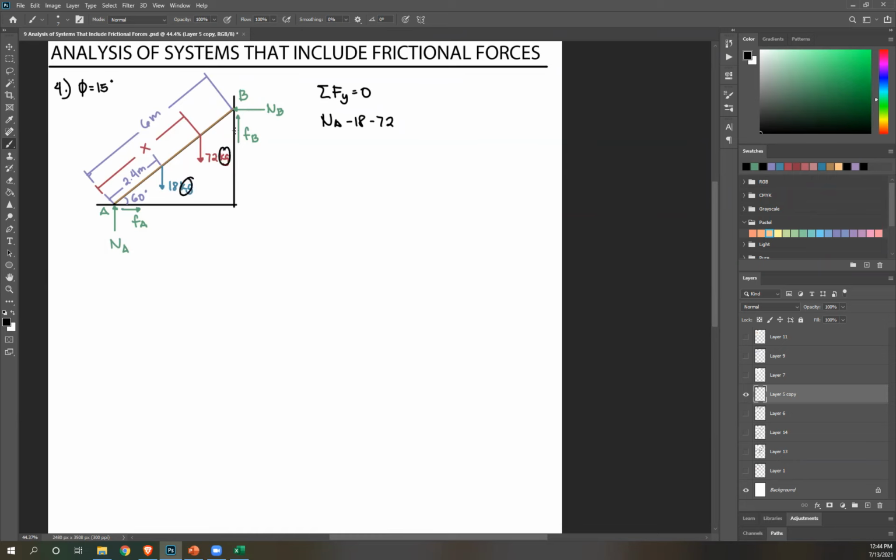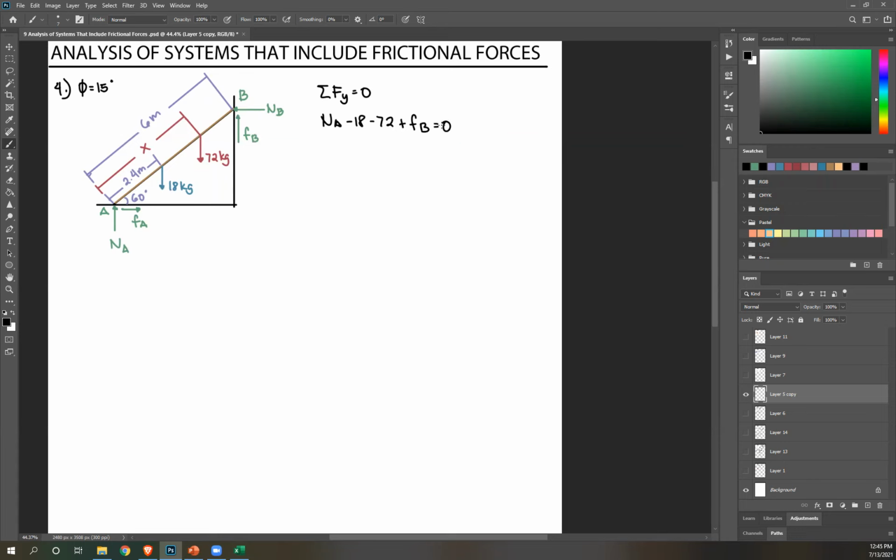So they're both kilograms. That means all of our forces, when we answer, will also be in kilograms. That's the only thing that will happen. Okay, so minus 18, minus 72, and then we have FB upward, so plus FB equate to 0.